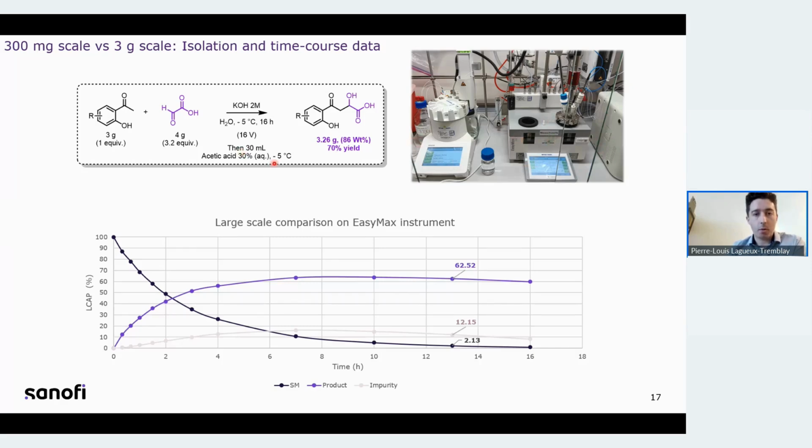And what we can see is that going from the ReactALL to a higher scale instrument, we can reproduce the exact same kinetic profile. So that's pretty useful. And then on 3 grams, we could reproduce the exact same transformation, with about the same yield and the same purity. So this is very useful for moving from smaller scale screening to medium scale screening and then larger scale screening. All of the data are followed and the kinetics are also similar.